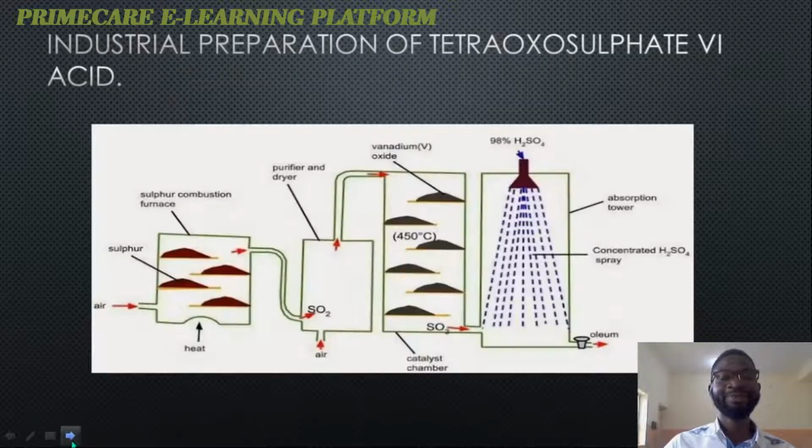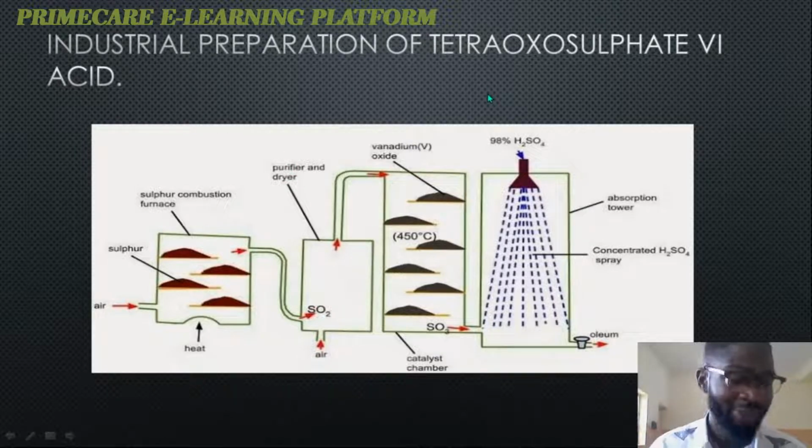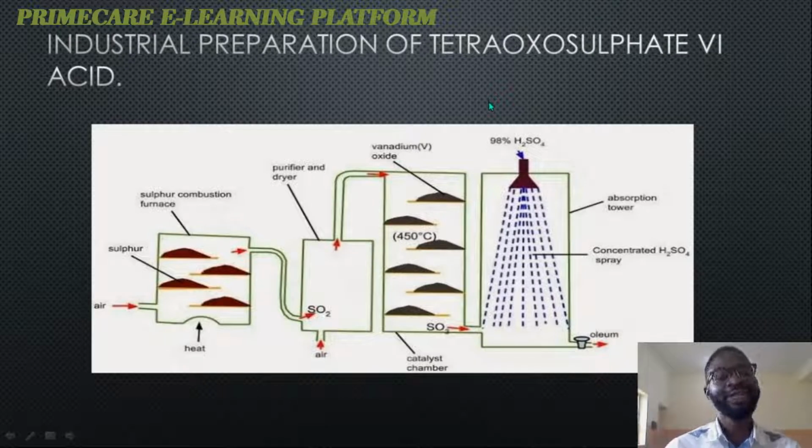All right, so the next thing we're going to discuss now is the industrial preparation of tetraoxosulfate 6 acid. In the world, tetraoxosulfate 6 acid is produced in the industry using the contact process.